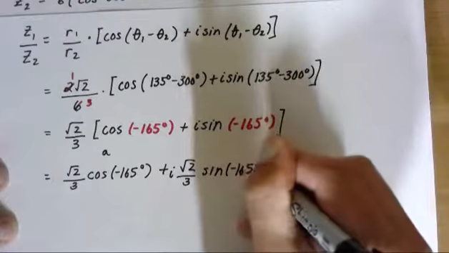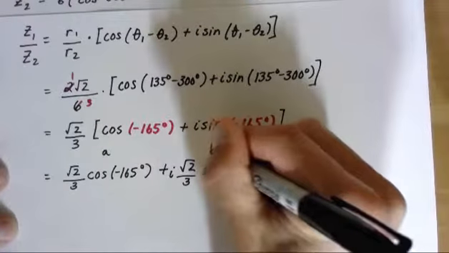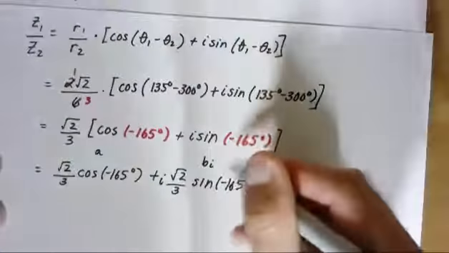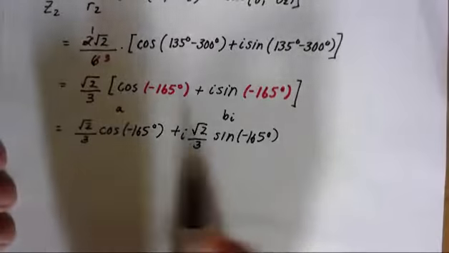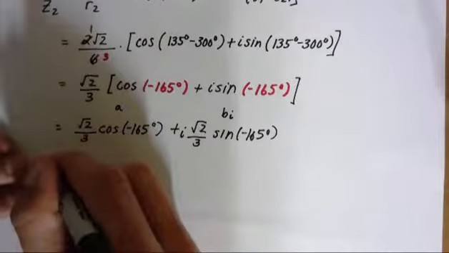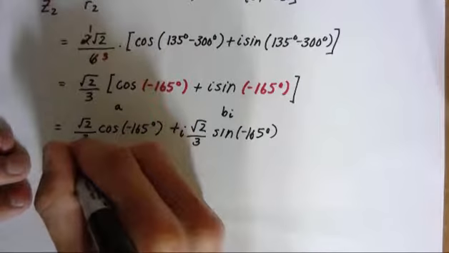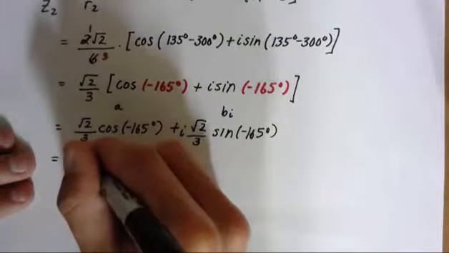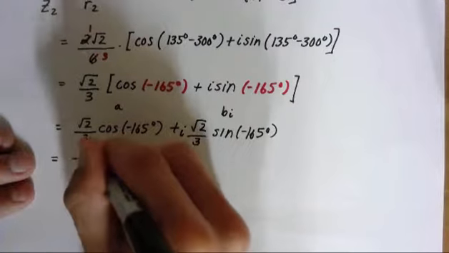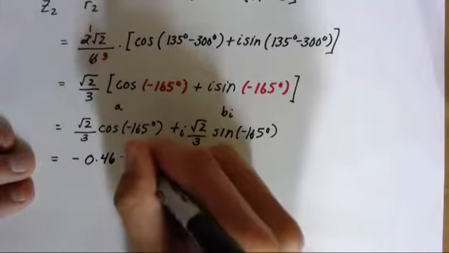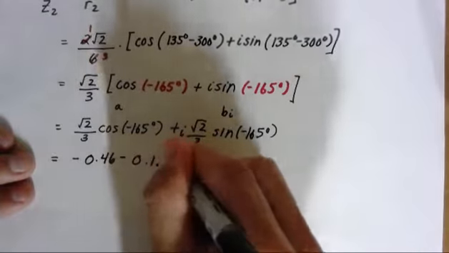So here is going to be your bi term. When I use the calculator to multiply all this through, I get approximately negative 0.46 minus 0.12i. That is standard form.